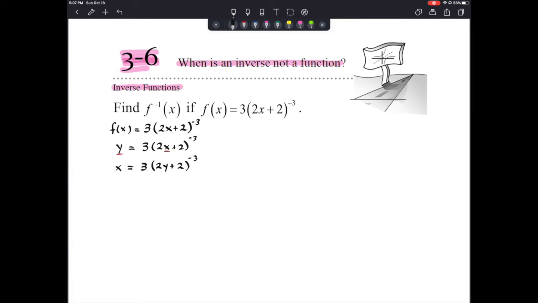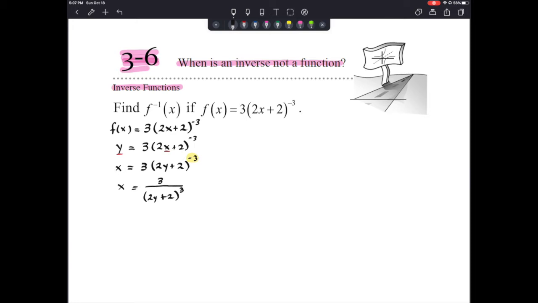So the first thing I'm going to recognize here is that negative 3 as the exponent. I don't like that. So let's rewrite this expression so that it has a positive exponent. We're just going to move our quantity of 2y plus 2 down to the bottom so that becomes a positive third power. So to solve this, let's cross multiply.